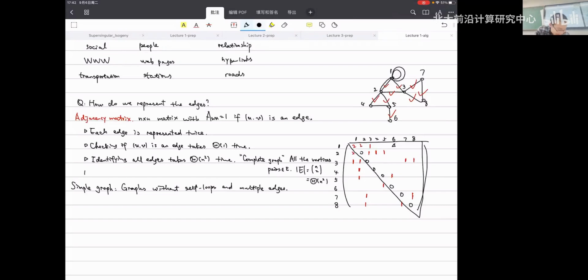And on the other hand, the downside is that it takes O(n squared) space.